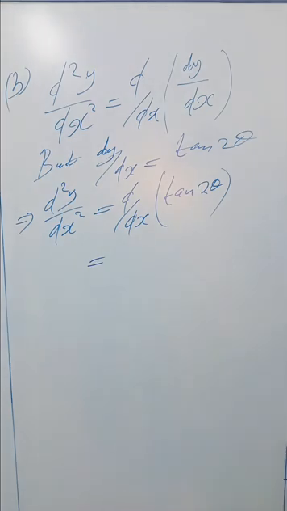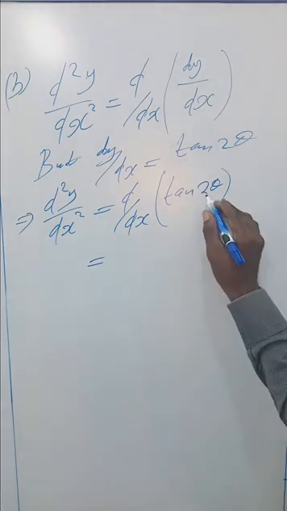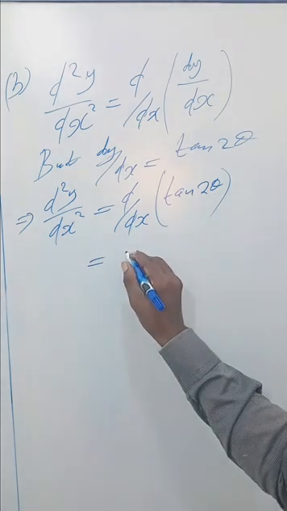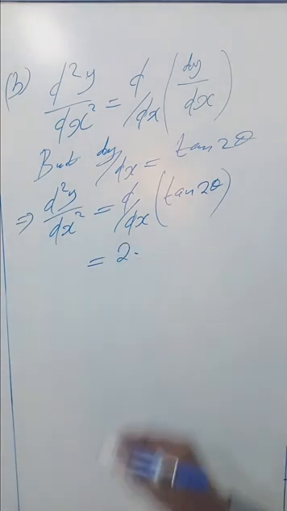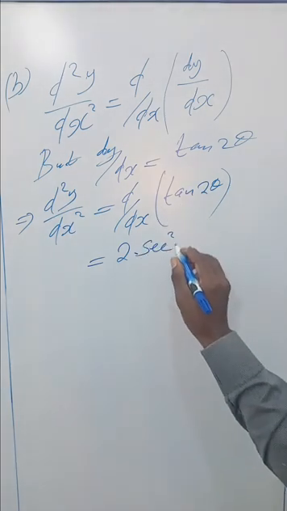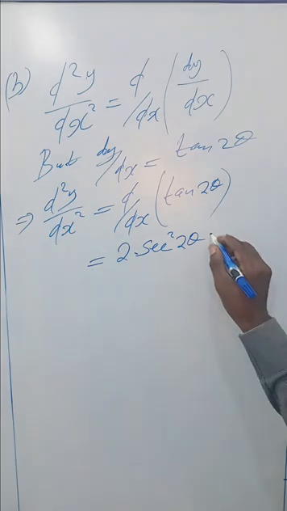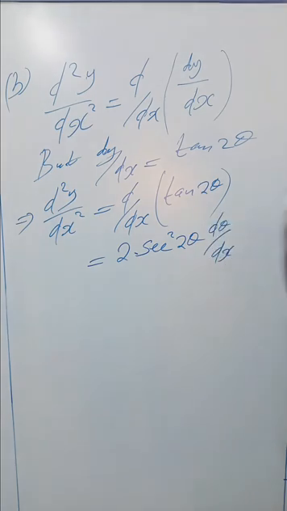So here's what I mean. Differentiating tan 2 theta, let's first differentiate 2 theta. We get 2, the dot means multiplication. Differentiating tan, this is sec squared 2 theta, then d theta/dx. That's what we get on our right-hand side.